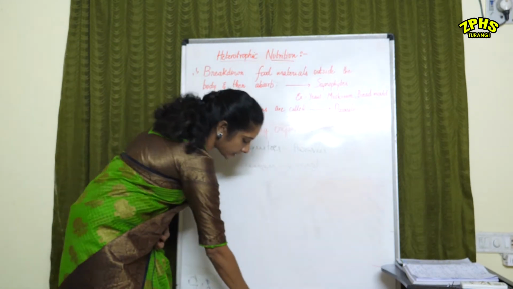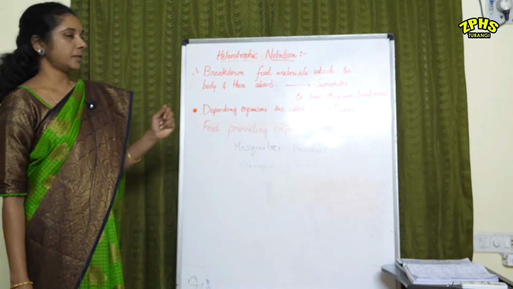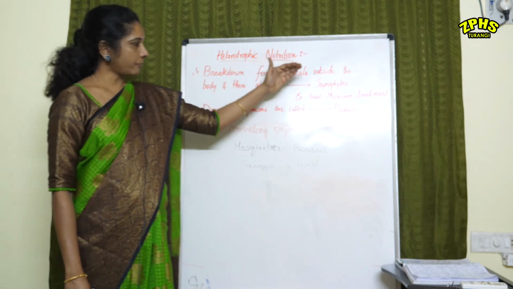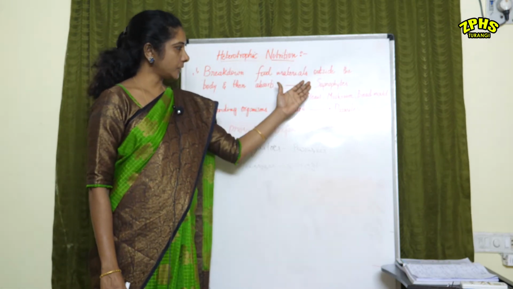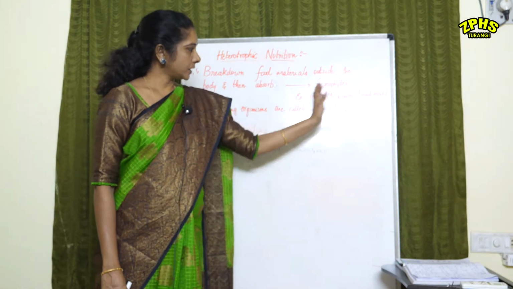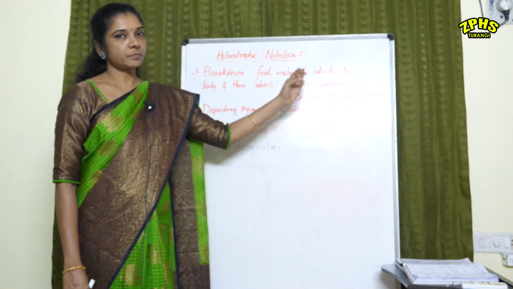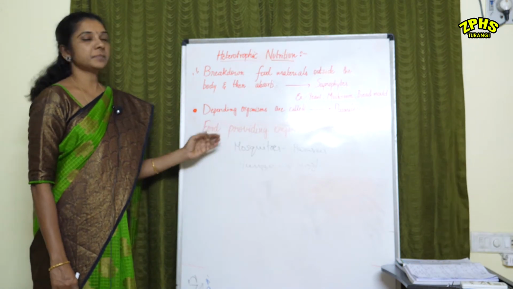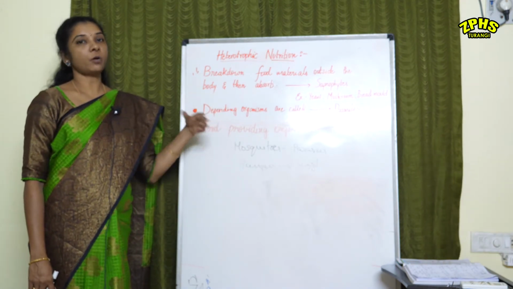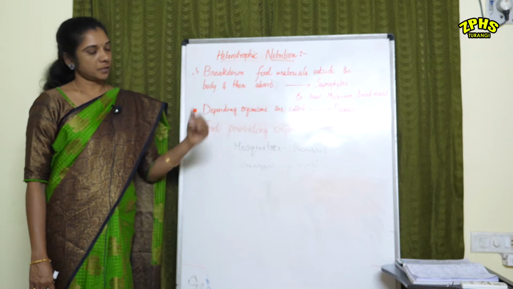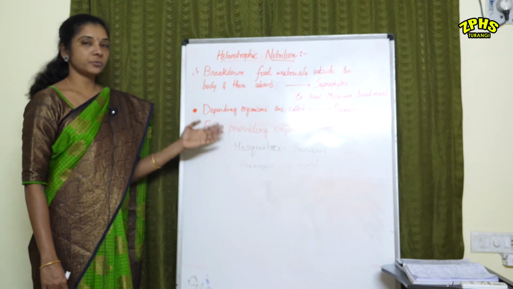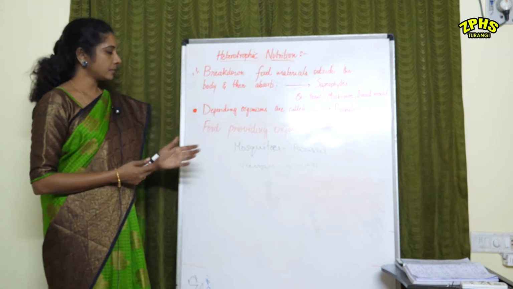So in the first type, the organisms break down the food outside the body and they absorb it. That is saprophytic nutrition, and this method is followed by some fungi, mushroom, bread mold and the like. The second type is where the organisms take the food from the animals without killing that host. They just suck the blood from the host, like mosquitoes, lice, leeches.